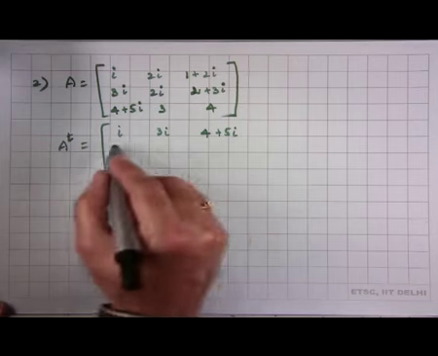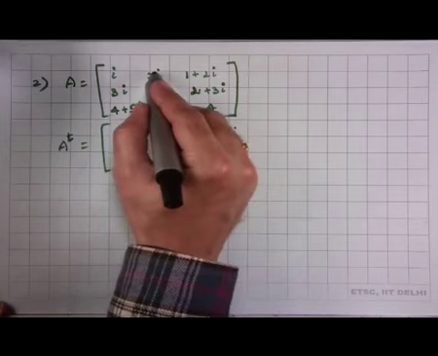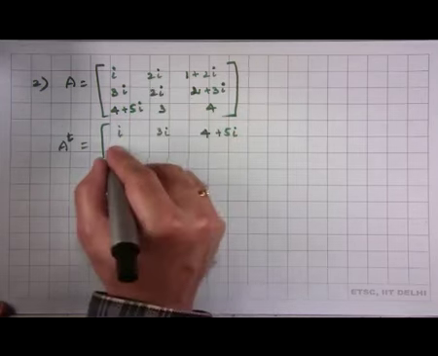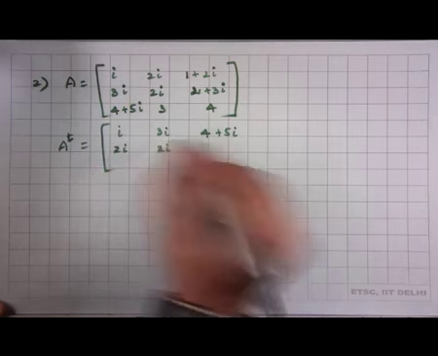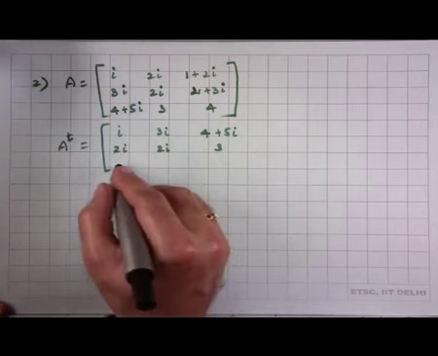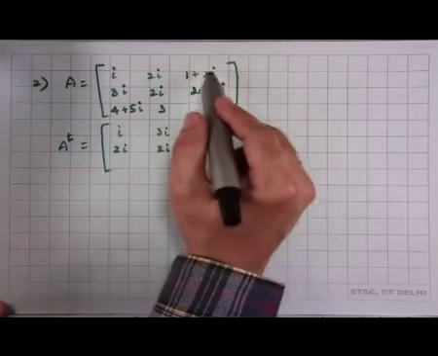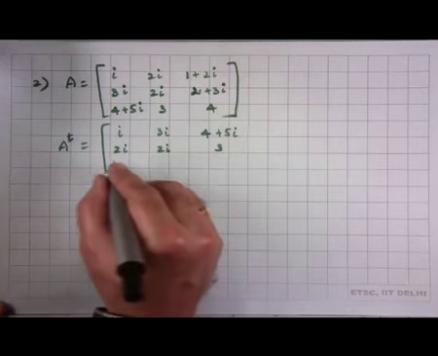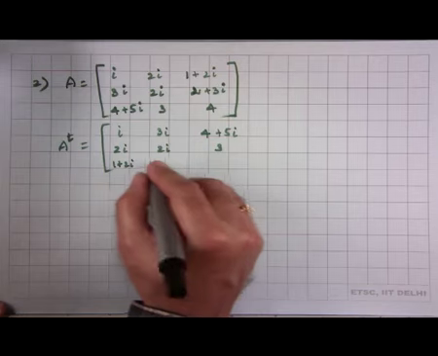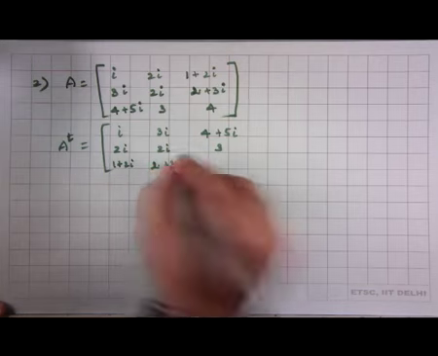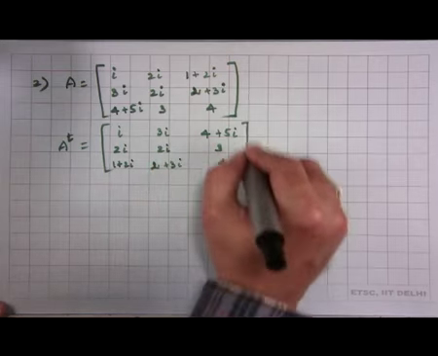What you need is the second row, so you look at the second column: 2i, 2i, 3. Now I want the last row, so you look at the last column: 1 plus 2i, 2 plus 3i, 4. So, this is the matrix that we have.